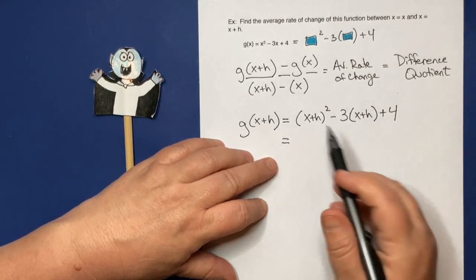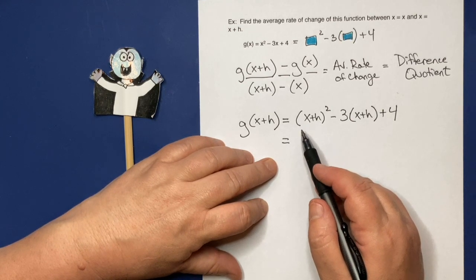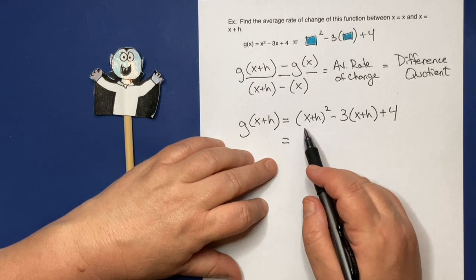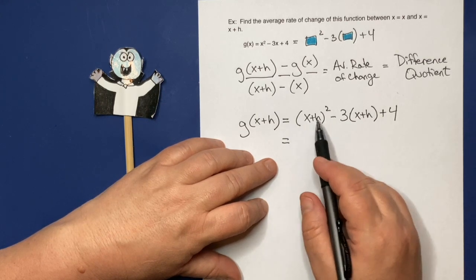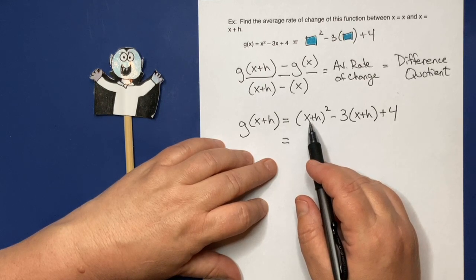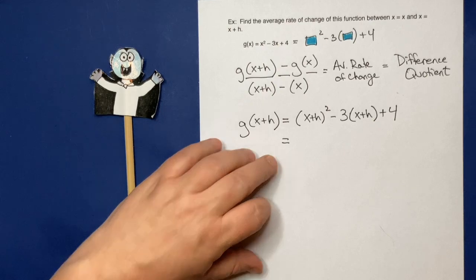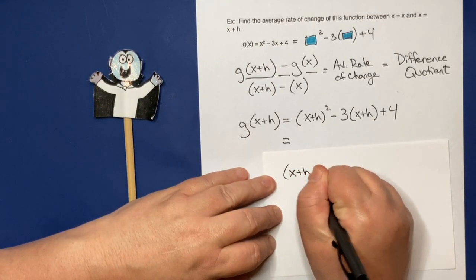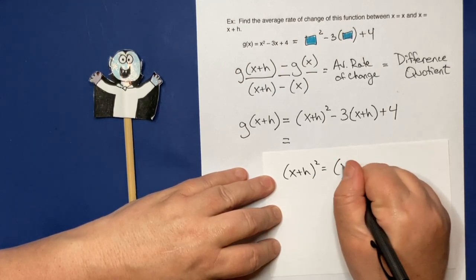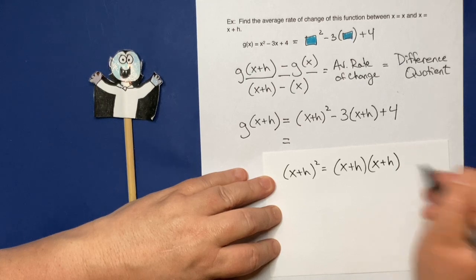Okay, so now, hopefully you took my advice, and way back when we were talking about functions for the first time, you memorized the square of a binomial, because it's going to be a lot easier. If not, you'll have to say, okay, wait a minute. X plus h, the quantity squared, that's x plus h times x plus h.